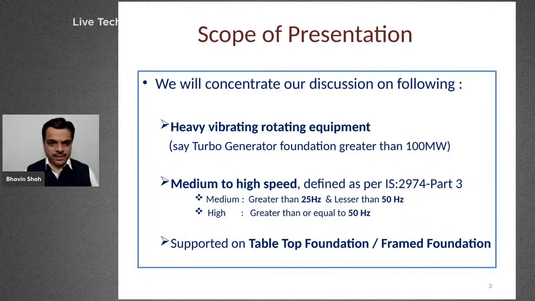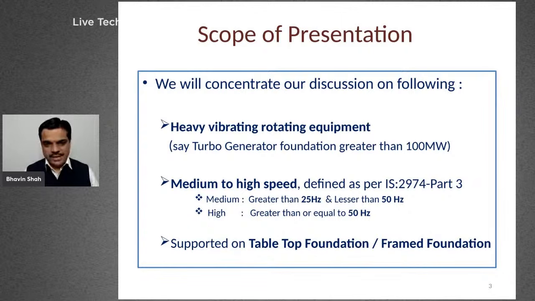That medium to high speed is defined in IS 2974 Part 3. Whenever we say medium speed, that means the speed of the equipment is, let's say, from 25 CPS to 50 CPS.